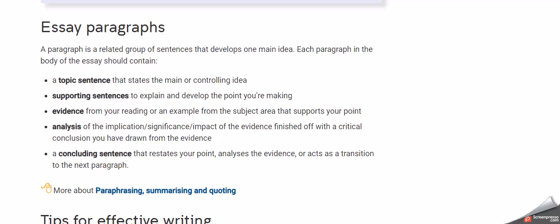And a concluding sentence that restates your point and analyzes the evidence or acts as a transition to the next paragraph.